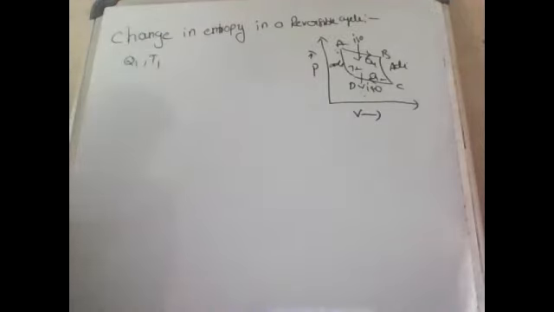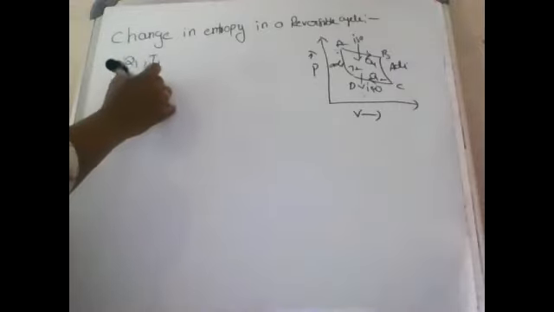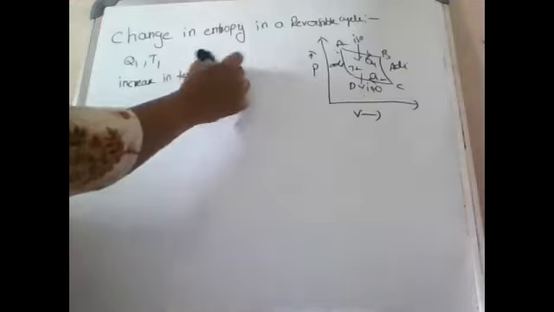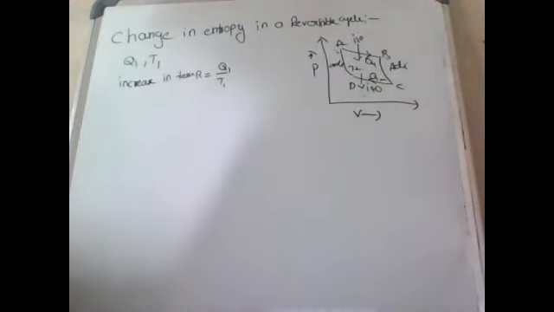So the A to B curve indicates isothermal expansion. The working substance takes some amount of energy from the source at T1 temperature. Then there is an increase in entropy, which we can write as Q1 by T1.